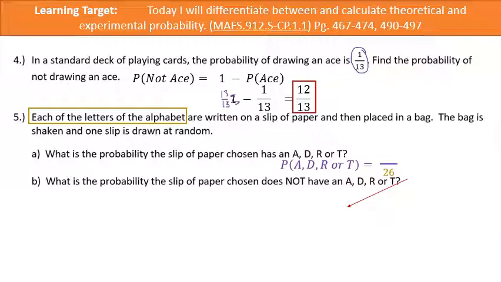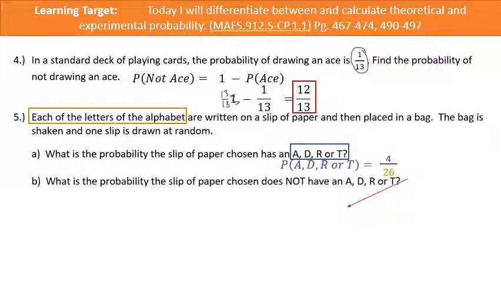Well, we put each of the letters of the alphabet, so that should be 26. So far, so good. Now, how many letters are in our favorable outcome? How many letters would be a success? Well, we're looking for the letters A, D, R, or T. That's 4 letters.